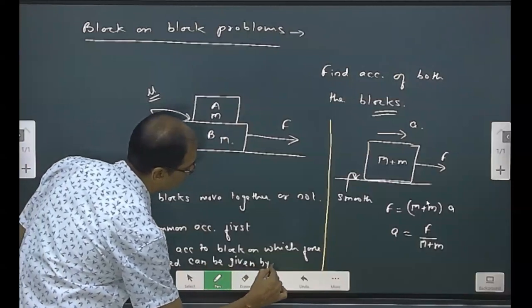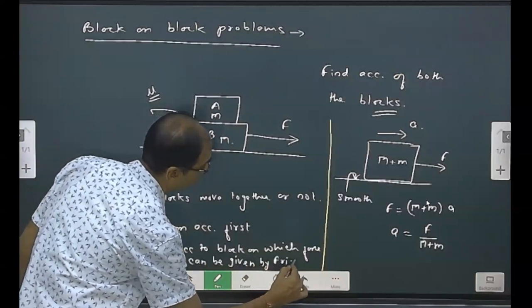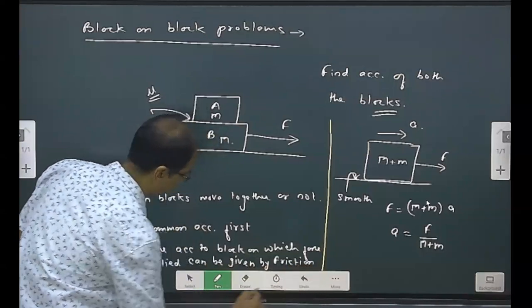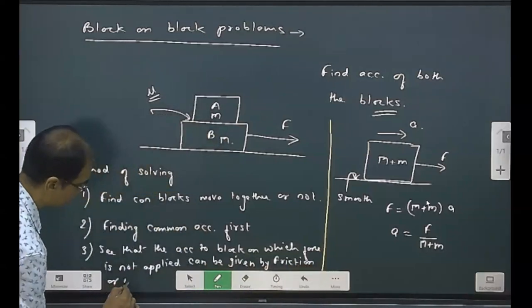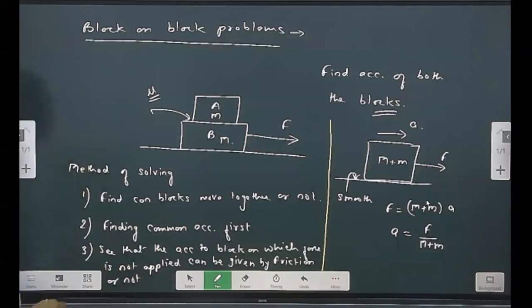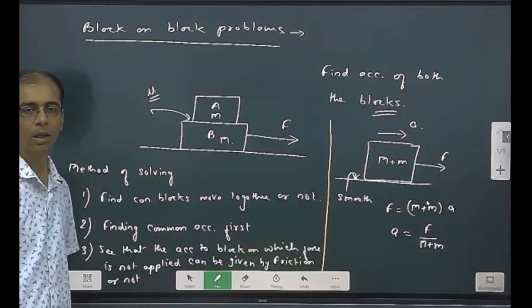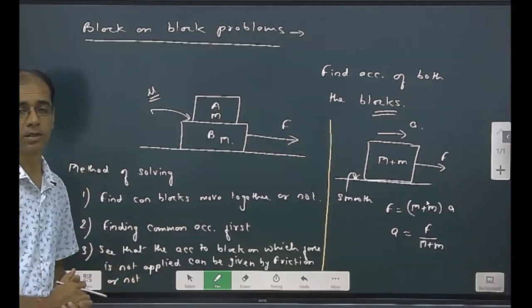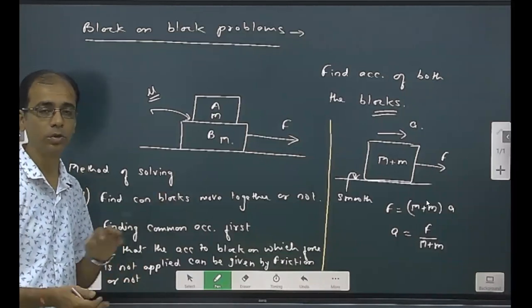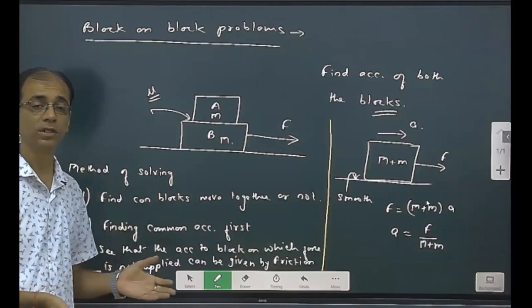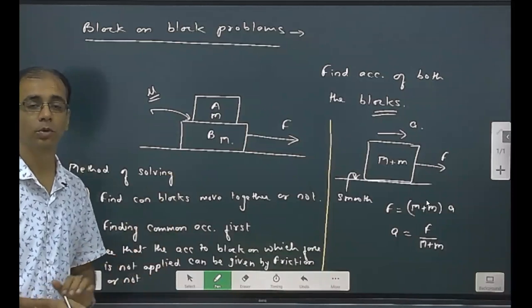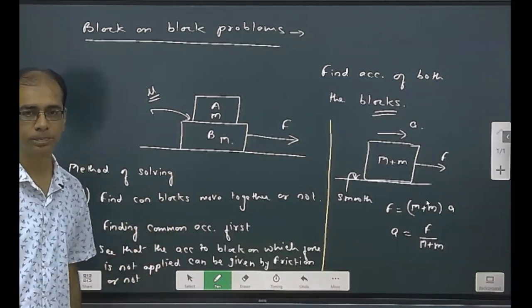That's the third step. If friction can give this acceleration, then both are going together. If friction is not able to give this, then both will be moving separately.